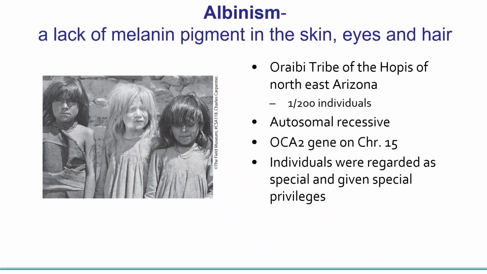So this is an example of how evolution works in a particular population. Now this would maybe fall under natural selection, maybe a little bit of artificial selection, where these individuals had a special status and therefore were selected for, increasing their frequency in the population. So increasing the frequency of that allele.